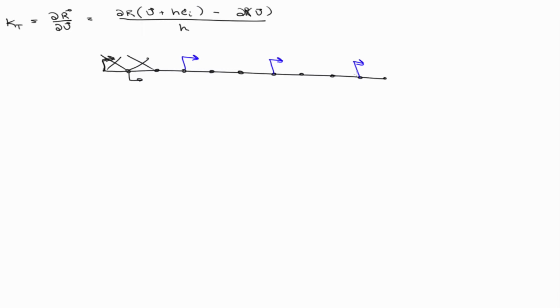So now my E would be like 0, 0, 0, 1, 0, 0, 1, 0, 0, 1, 0. Right? And my residuals that would come back would be fully populated. There'd be no zeros in it.